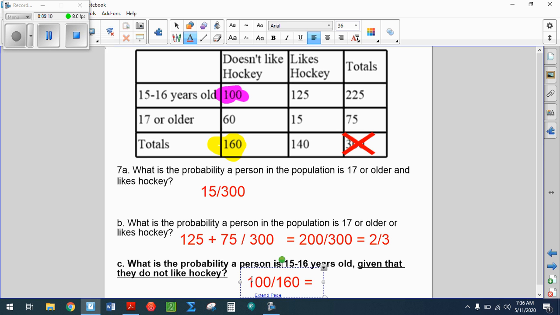And again, we simplify that as much as we can. It's 10 out of 16, so 5 out of 8. So what's the probability a person is 15 or 16 years old, given that they do not like hockey? When you have that "given that," that's a condition. That means you're going to find a new total in that condition and answer the question based on that new total.